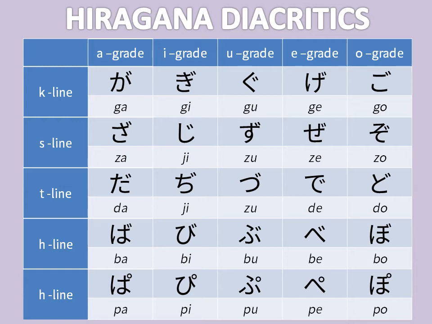Then the ha line, if we add dakuten, then ha becomes ba, hi becomes bi, fu becomes bu, he becomes be, and ho becomes bo. And in the same ha line, if we add the handakuten or the small circle on top right, then ha becomes pa, hi becomes pi, fu becomes pu, he becomes pe, ho becomes po.